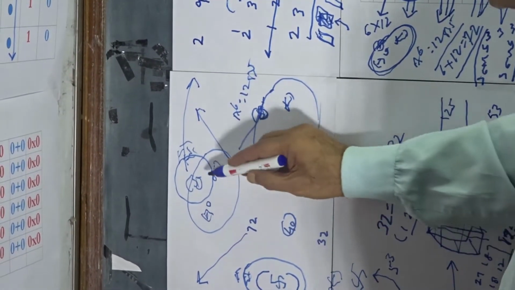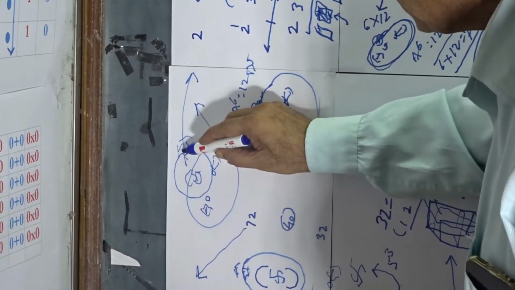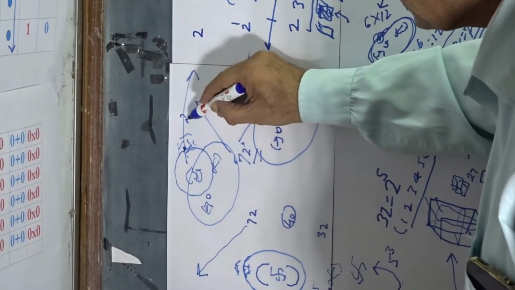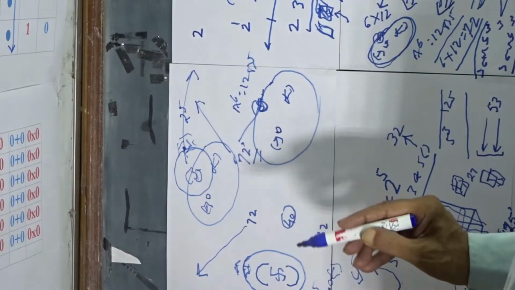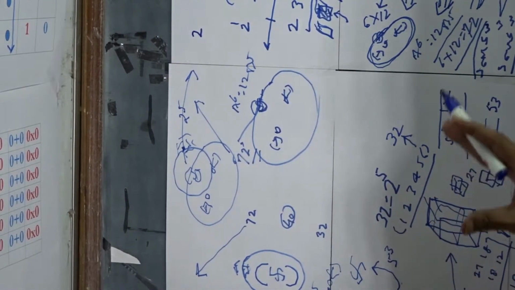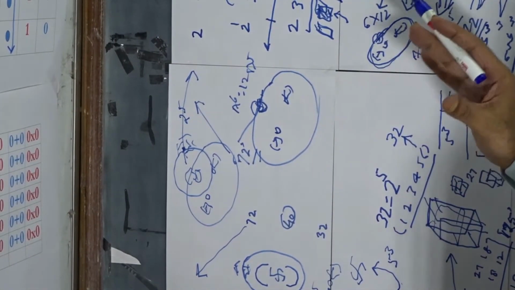Now it is here where 5 space as an origin of this will be taking us to value 2 raised to power 5. Now these are the features which deserve to be chased fully.